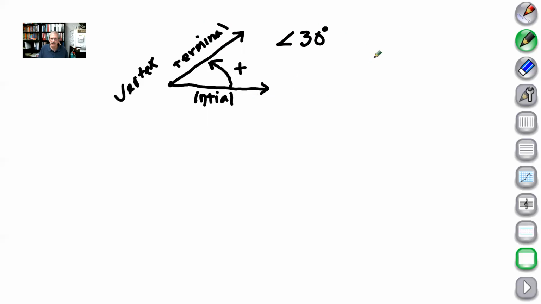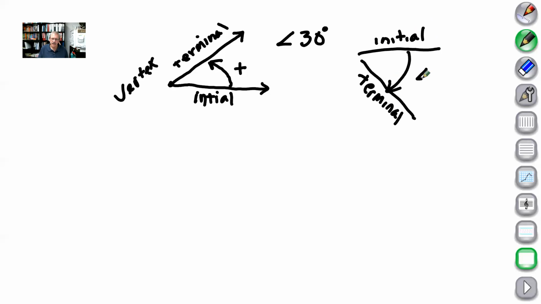If the angle goes the other way, let's draw one going the other way, this would still be the initial side. But now we're going to go this way, and this is your terminal side. And this would be measured as a negative angle, maybe negative 45 degrees or whatever.